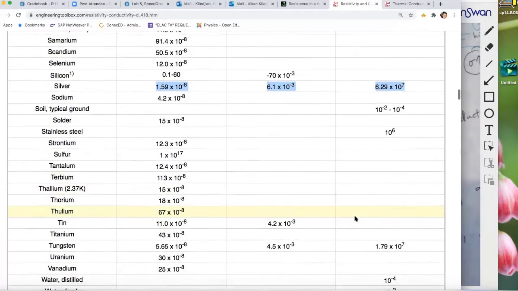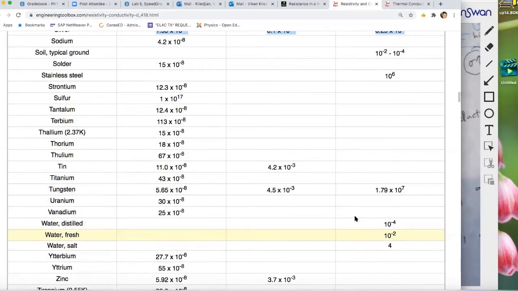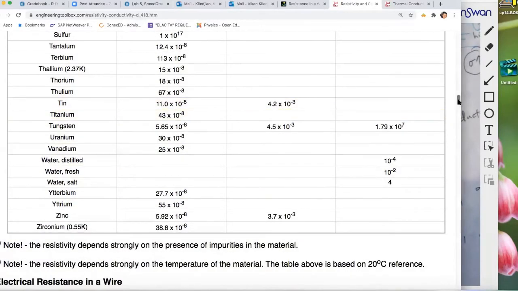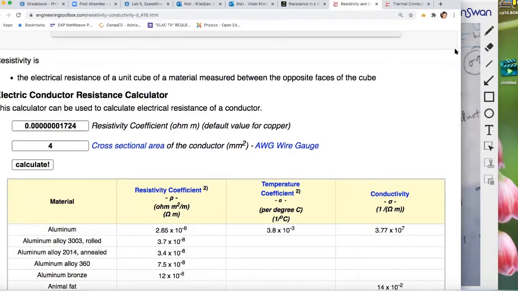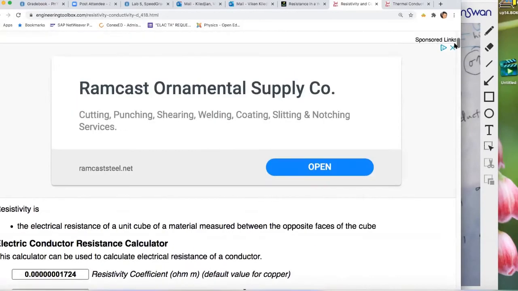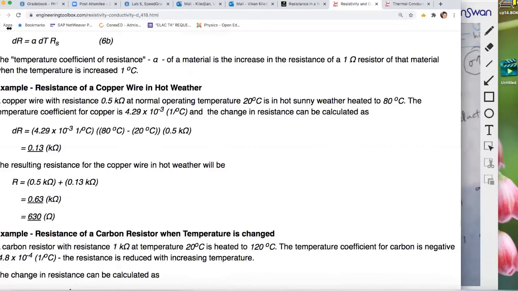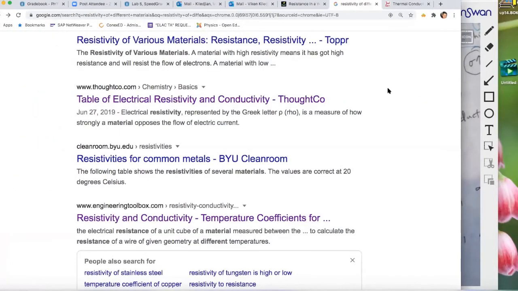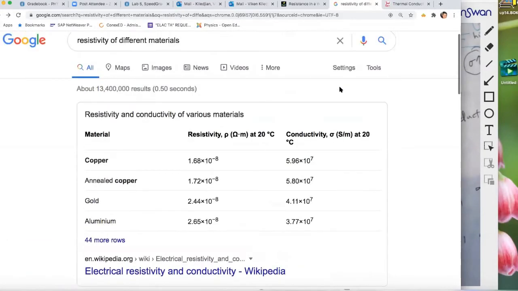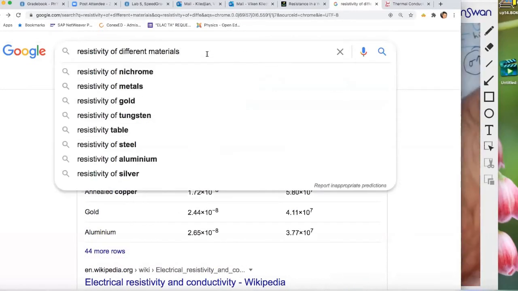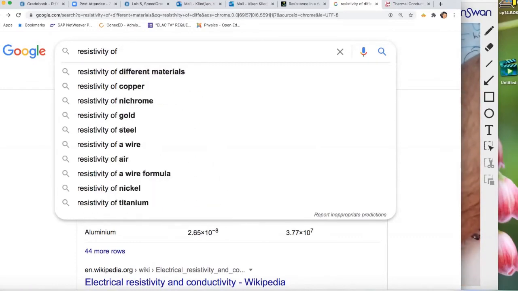Those were metals, two good conductors. Now if we go to something else, we would assume metals are going to be very different from something like the resistivity of wood.